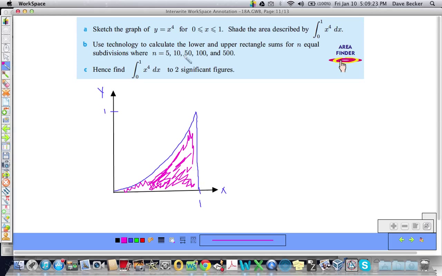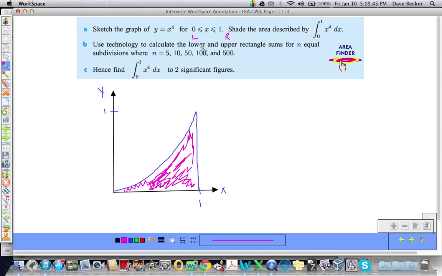All right, use technology to calculate the lower and upper rectangle sums. Now this is going to be our left rectangle and our right rectangle, the way we've been talking about it in class, for n equal subdivisions, where we have 5, 10, 50, 100, and 500 subdivisions.